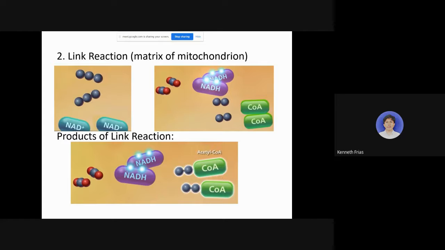Once there's a presence of oxygen, the pyruvate molecules, remember, pyruvate contains 3 carbons, will enter the matrix of the mitochondrion. Then inside that matrix, the pyruvates will undergo what we call the link reaction or intermediate reaction. These 2 pyruvate molecules will interact with NAD+, an electron carrier.